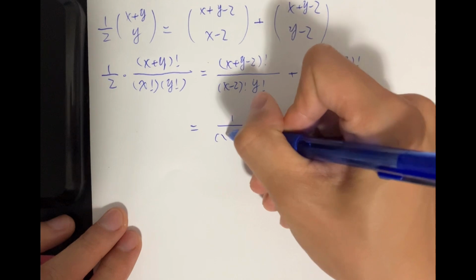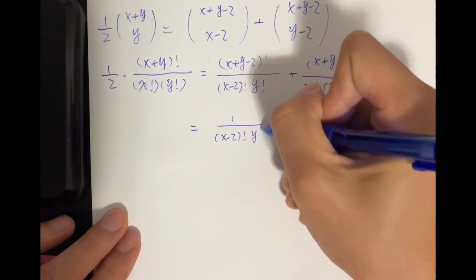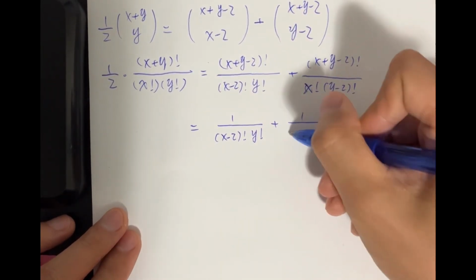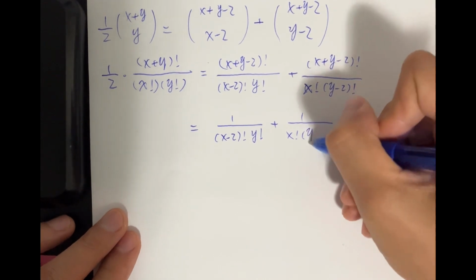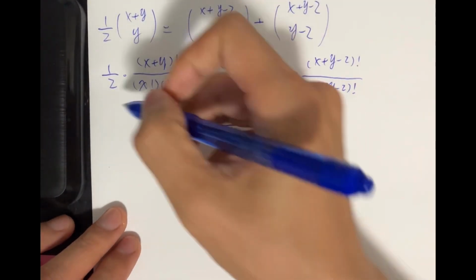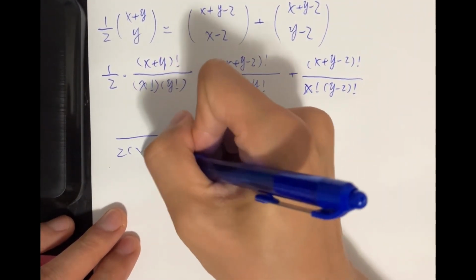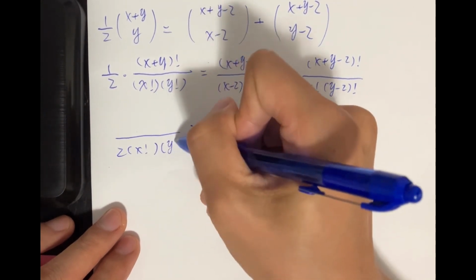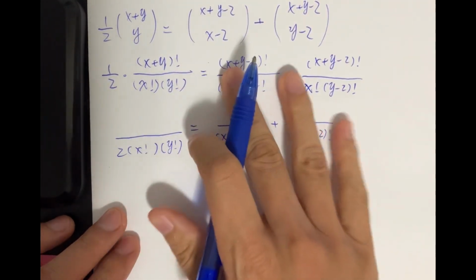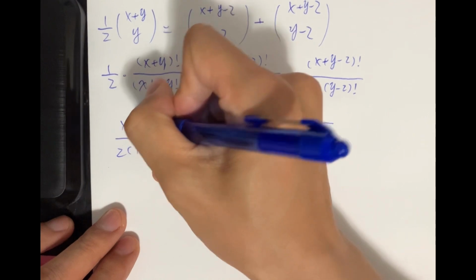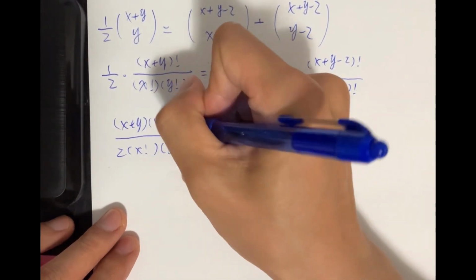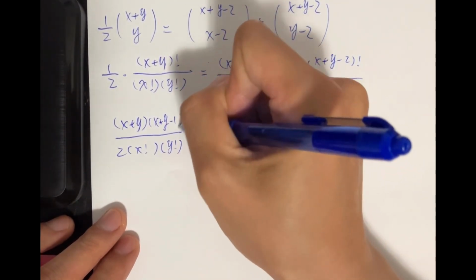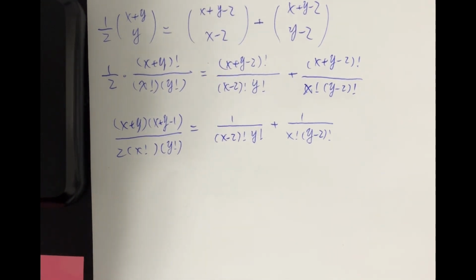Let's do it step by step and copy the denominator for now. On the top, 2 x factorial y factorial, this part is gone, so we've got x plus y and x plus y minus 1. That's everything on top.